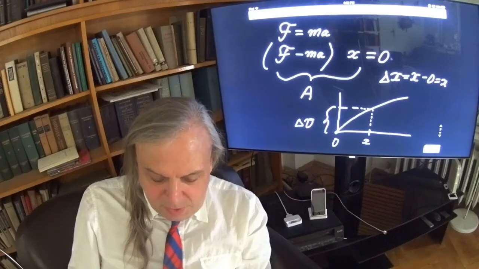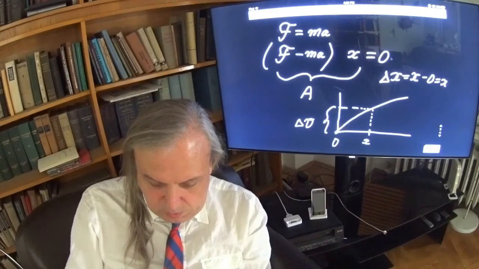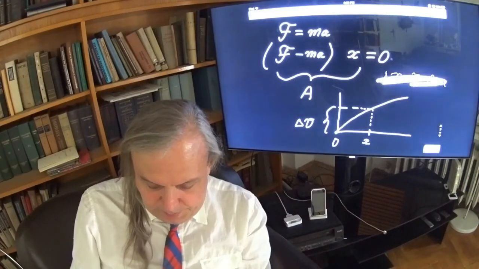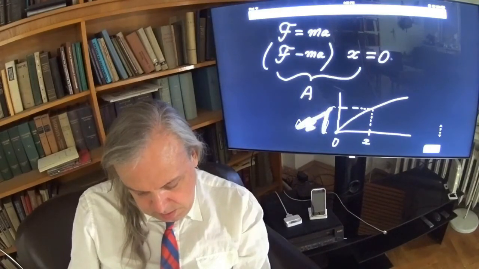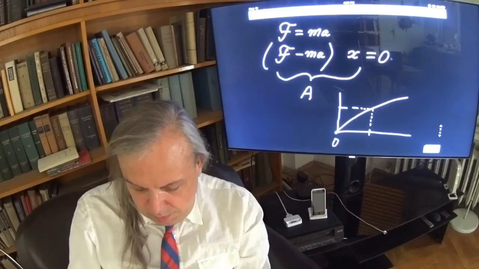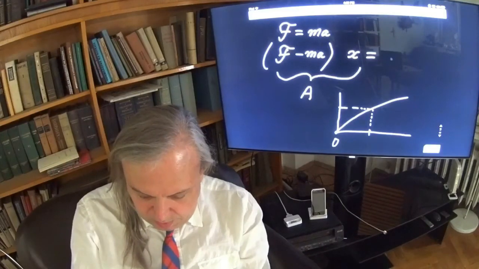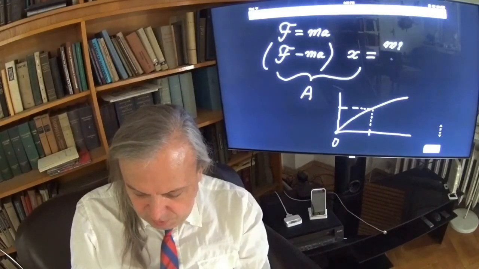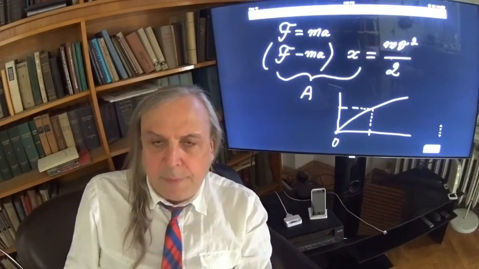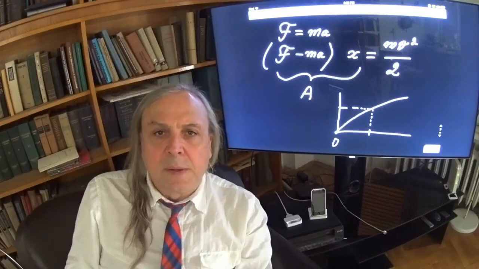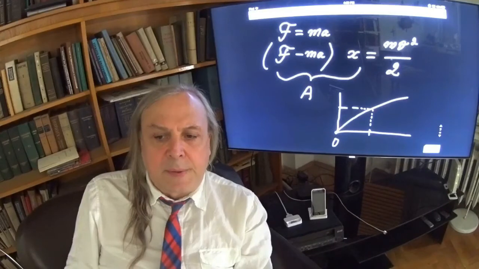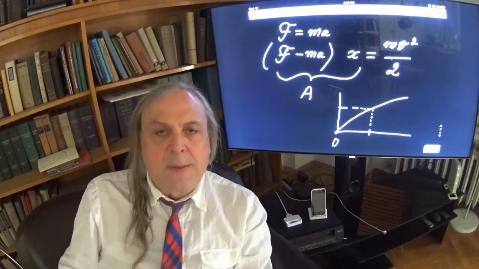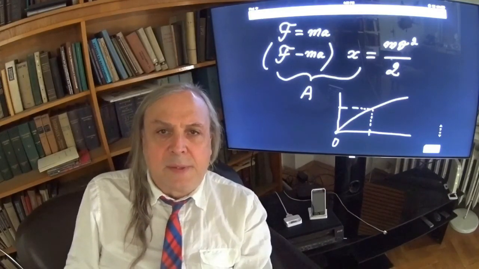So the amended expression will be (F minus ma) times x equal to mv squared over 2. This is the kinetic energy which the body acquires at the end of the displacement, which the body has at the end of the displacement.